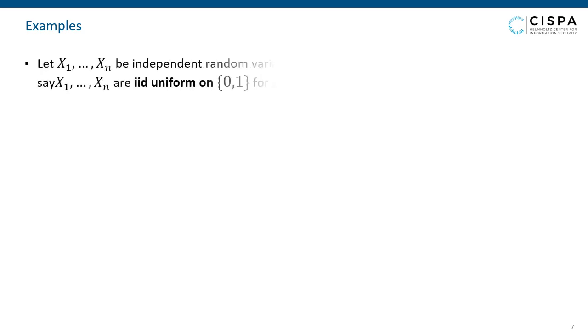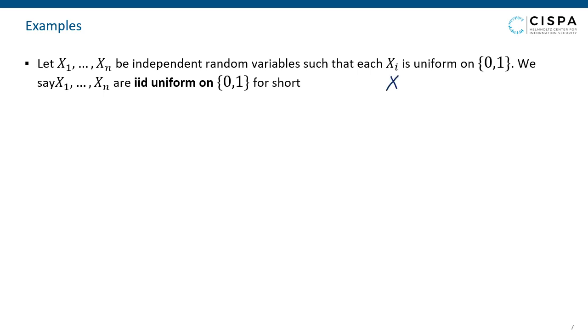Now let's look at a few examples. So let x1 to xn be independent random variables such that each xi is uniform on {0, 1}. So for this, we can, of course, with this new notation, equivalently write x chosen uniformly at random with this dollar sign from {0, 1}.